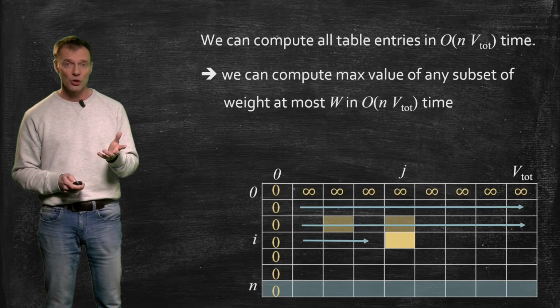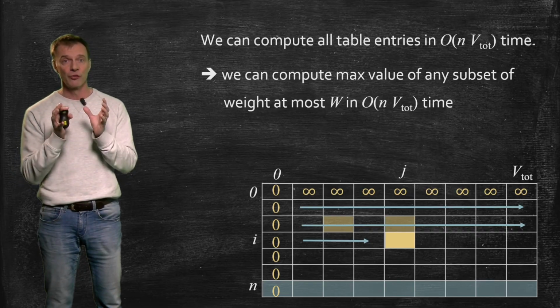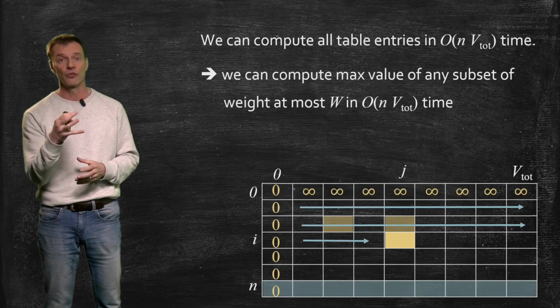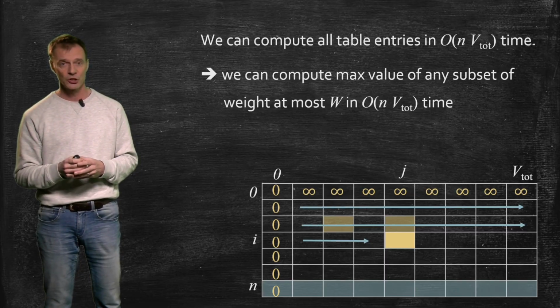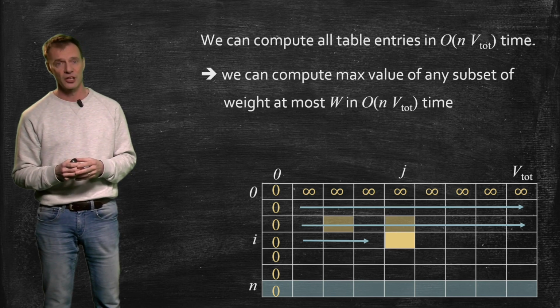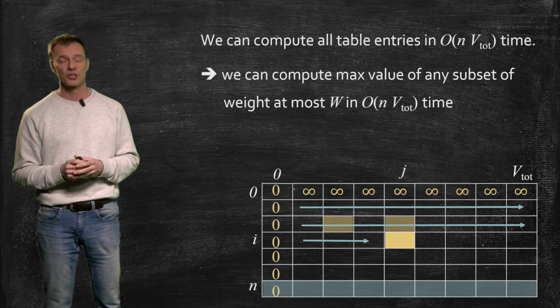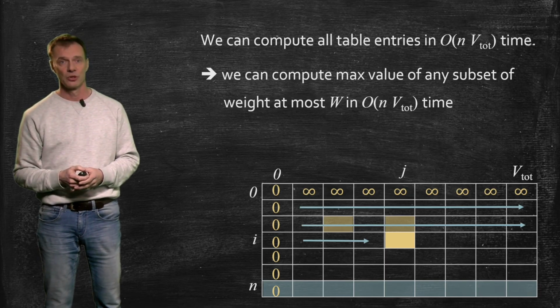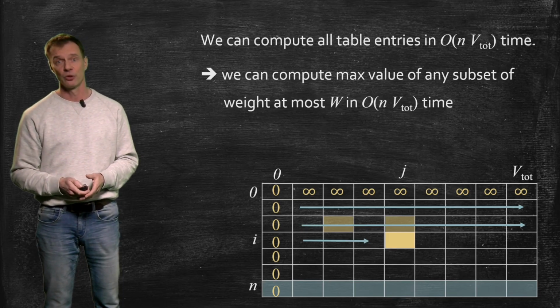So what I explained so far is how to compute the values in this table, which will give us the value of the solution, right? So it's going to tell us that, well, the best subset that you can get has this total value. But of course, we would also like to know what is this particular subset that gives the optimal value.